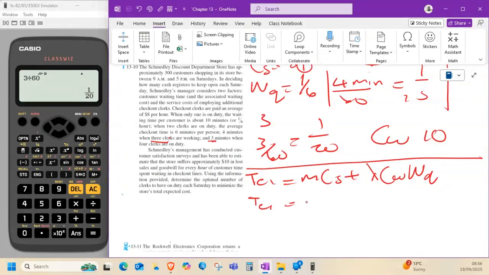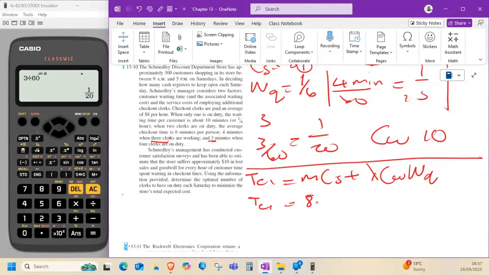So when there's one clerk, what is your service cost?